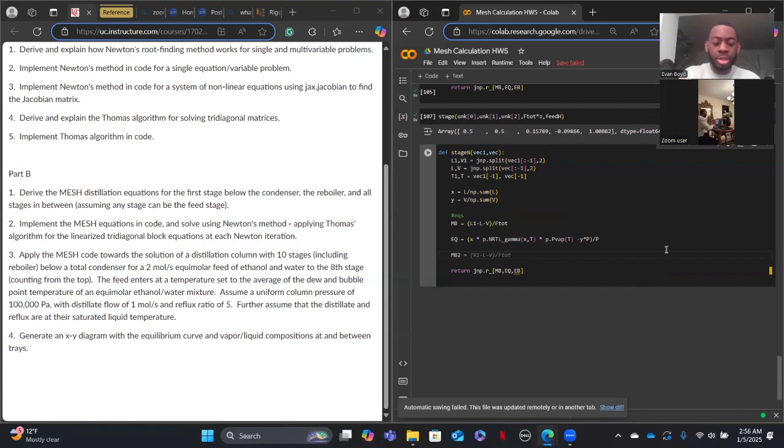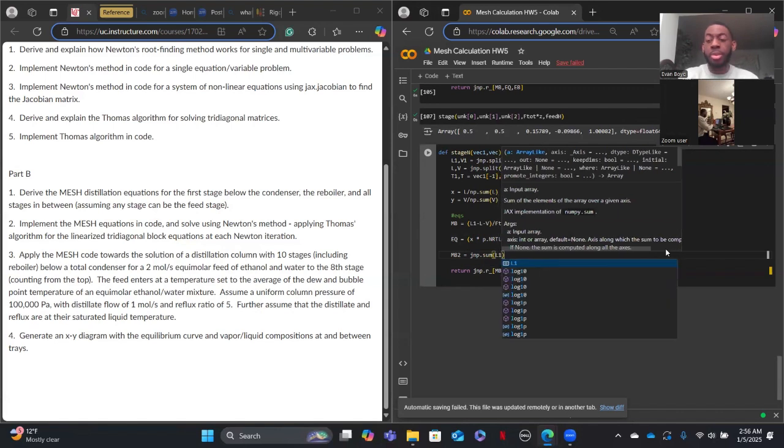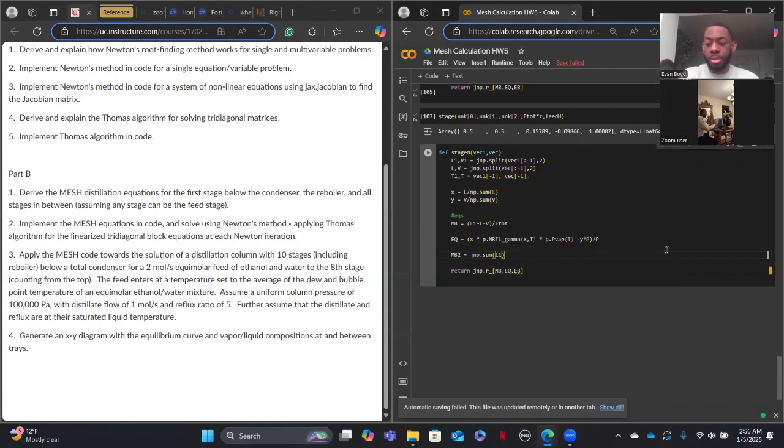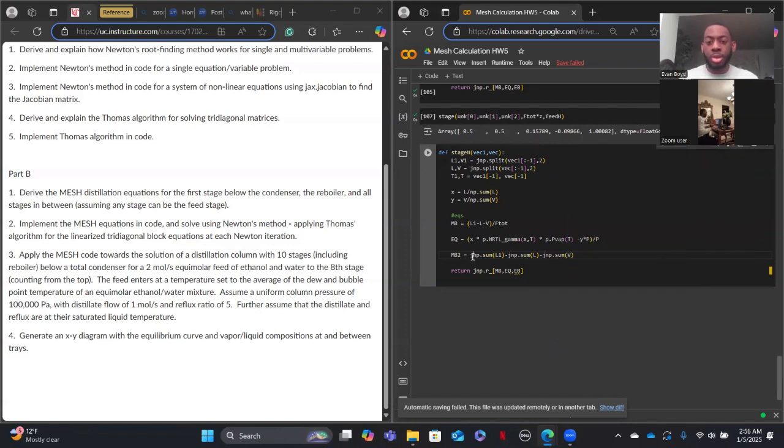What we'll have here is the sum for our liquid coming from the stream minus the sum of the liquid at the current stage minus the sum of the vapor leaving from the current stage.